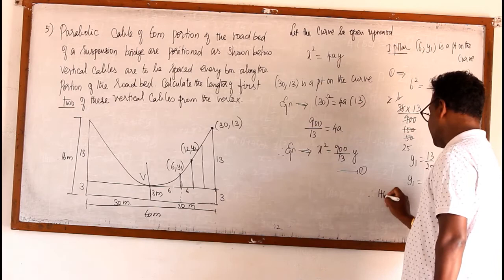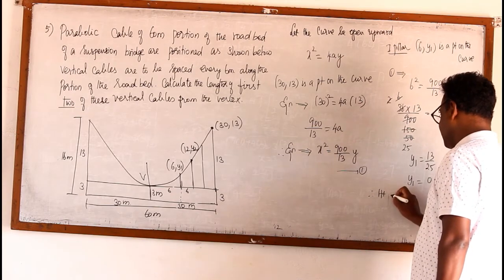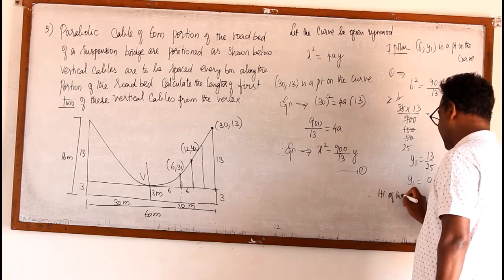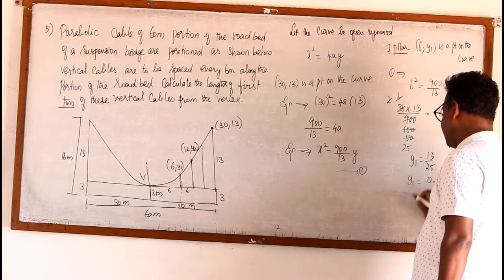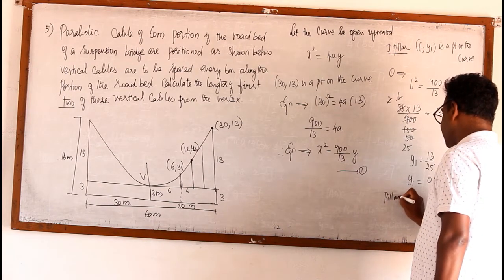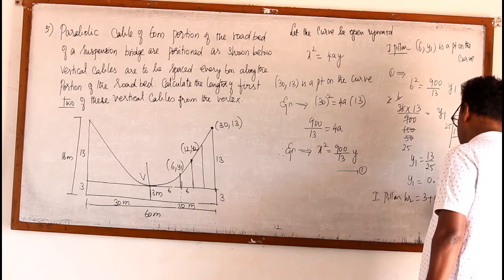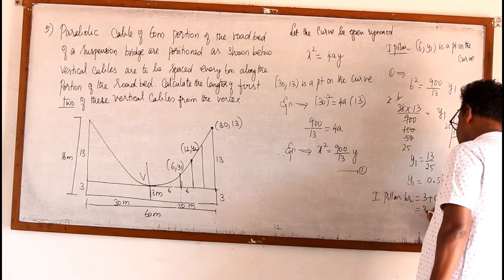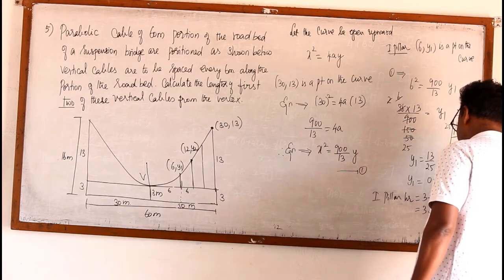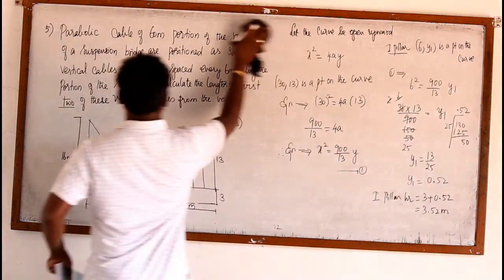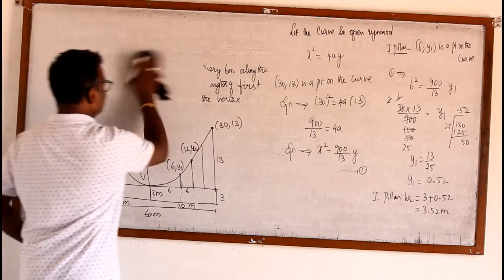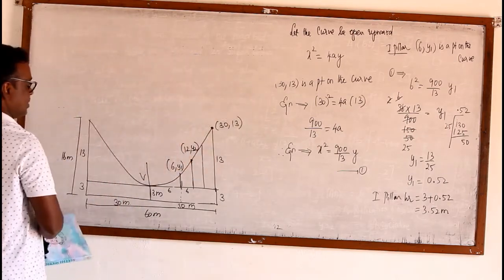Therefore, the first pillar height equals 3 plus 0.52, which is 3.52 meter. We also need the second pillar height, so we should go for the next one.